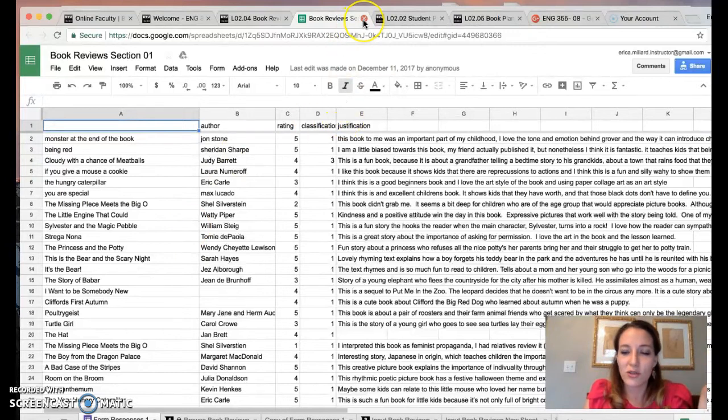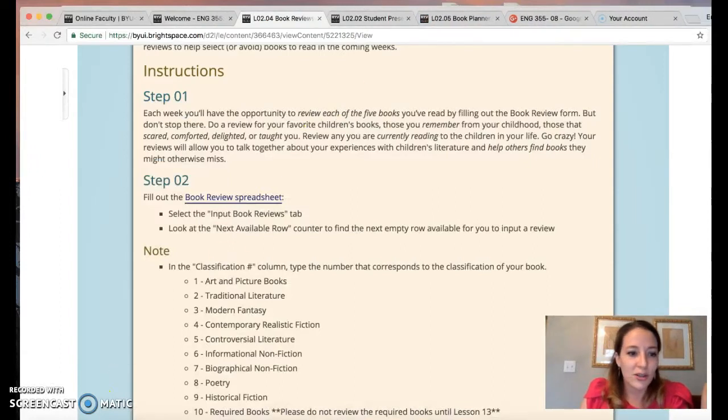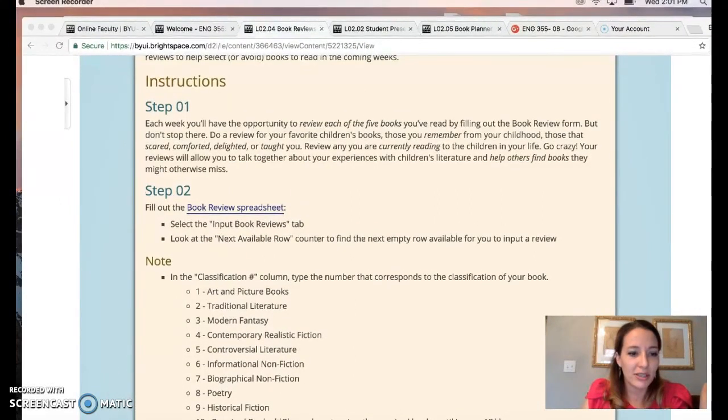And that actually makes it so if classmates are wondering what they should read, they can come here and say, hey, I liked this, or I didn't like this. And so it can give people a chance to do something different. Okay, so that's your book reviews.